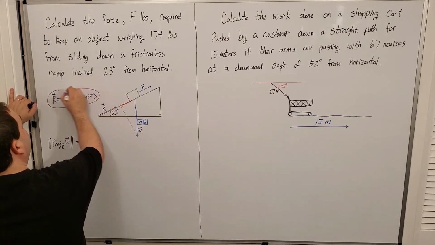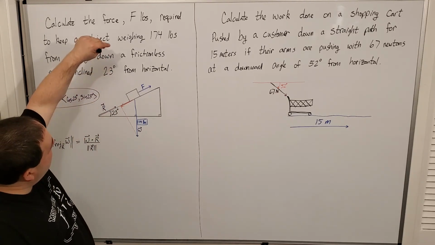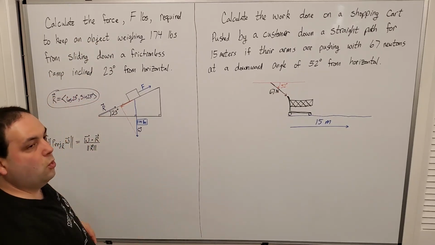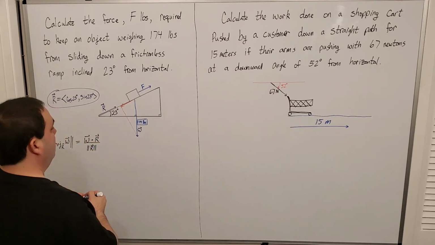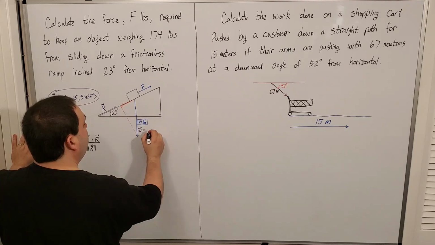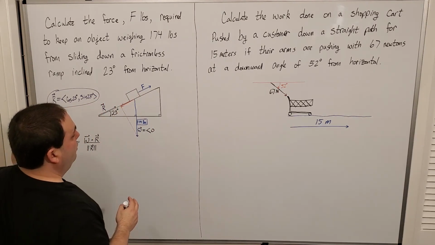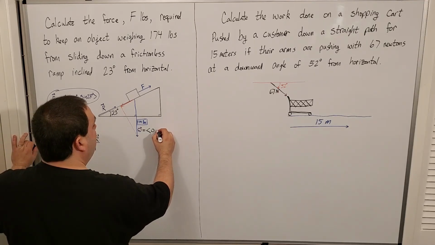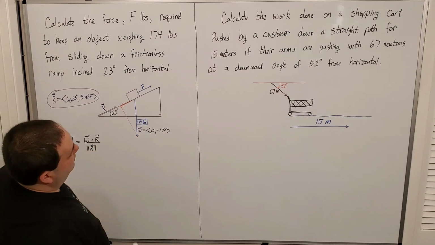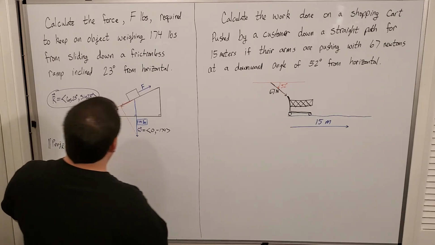That's the R vector. The W vector is always perpendicular to the surface of the earth because it always points toward the center, right? So my W vector here is going to be equal to 0, right? There's no horizontal component. And negative 174, or you could say positive 174. The only reason I'm throwing the negative on there is to show the direction, okay?